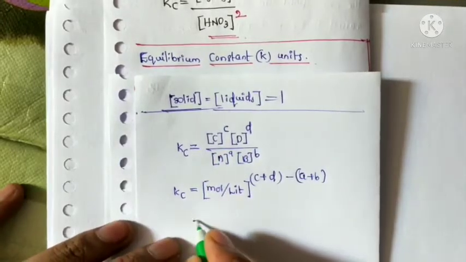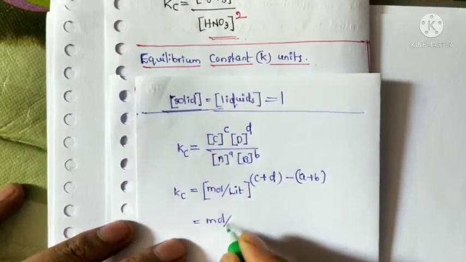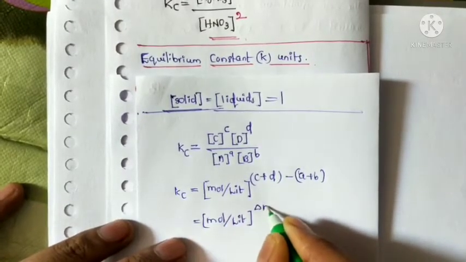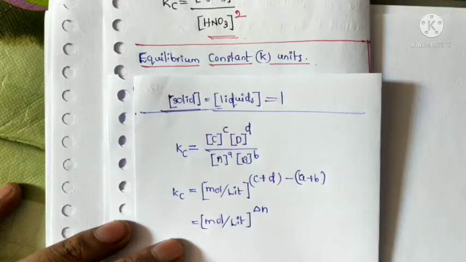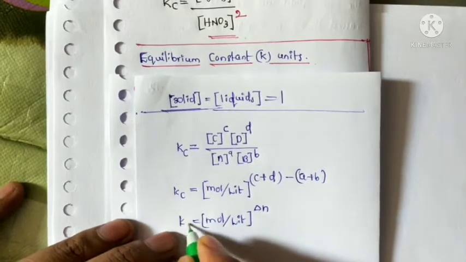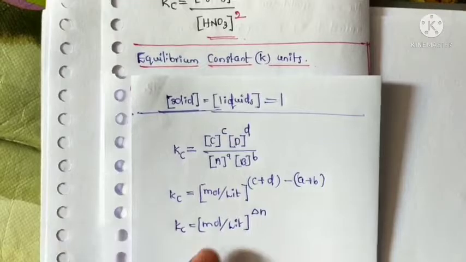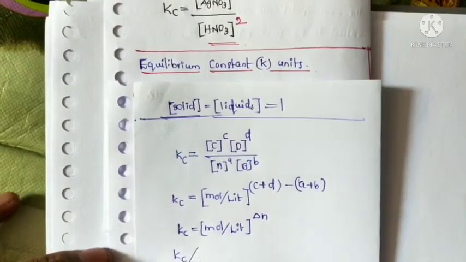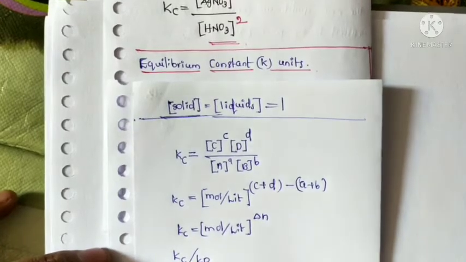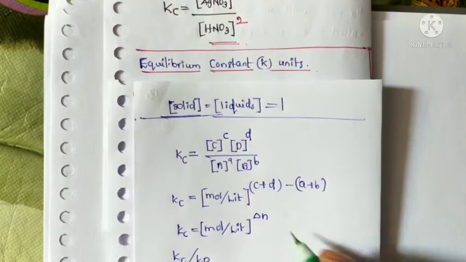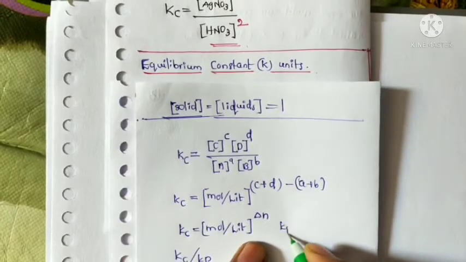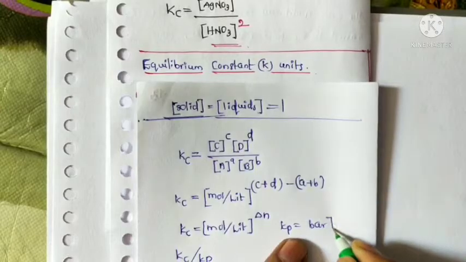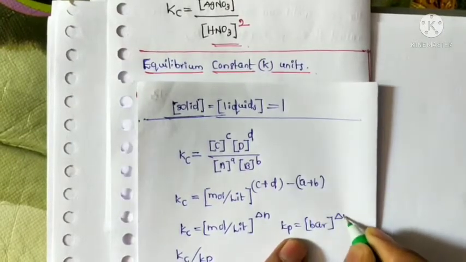So we can write mole per liter to the power delta n. That is the expression for Kc. Similarly for Kp, the unit is bar to the power delta n.